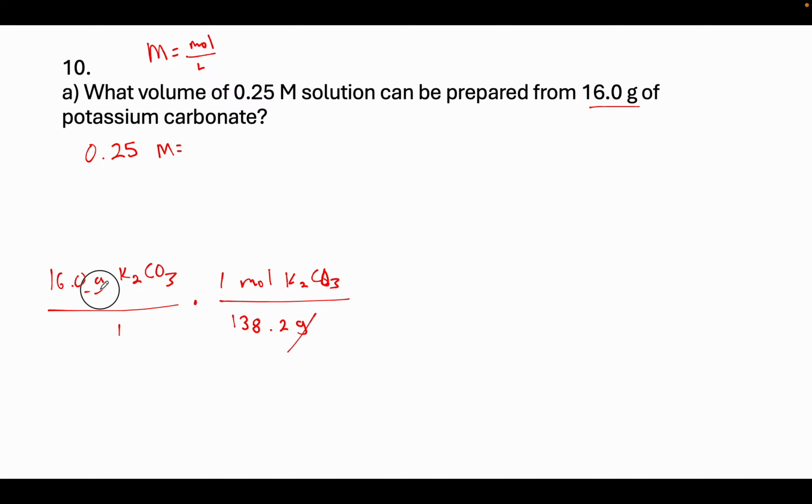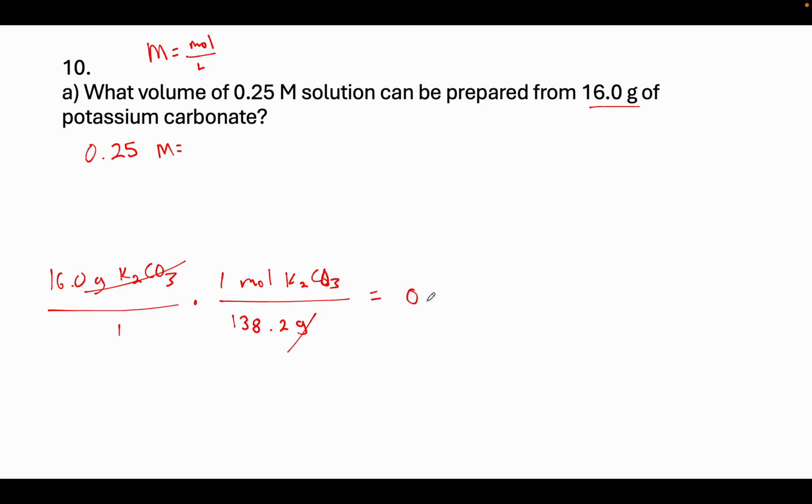So this grams is going to cancel with this grams, and we're going to end up with the moles of potassium carbonate. So 16 divided by 138.2 is 0.1157742224. It's kind of too big, so we're going to simplify it.